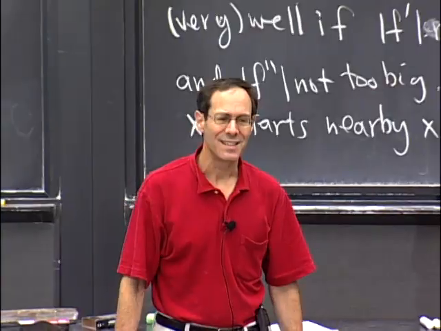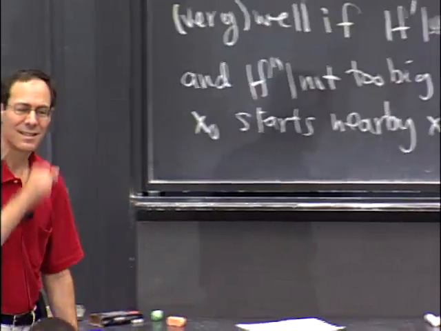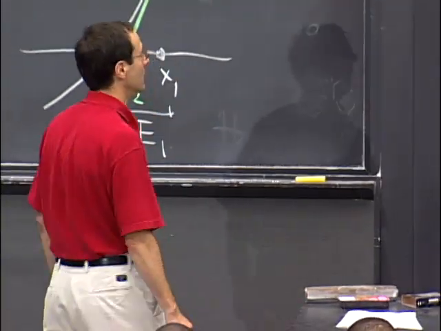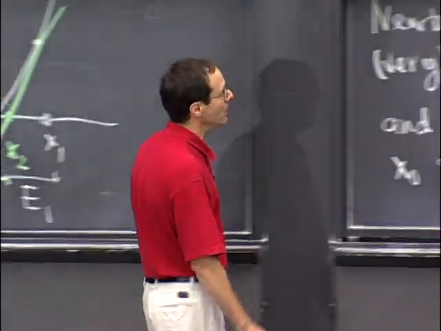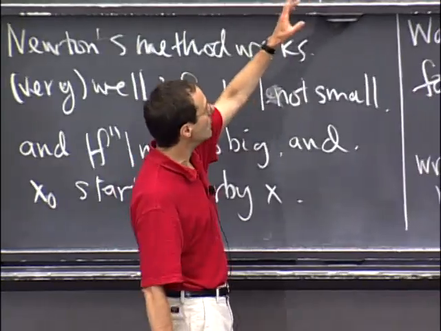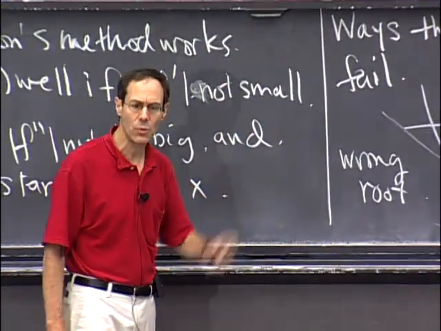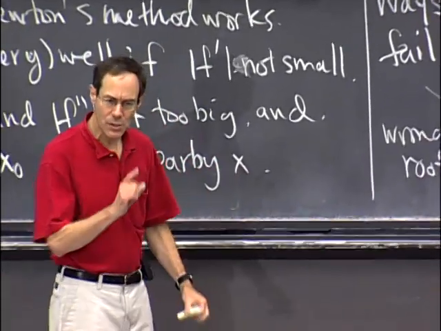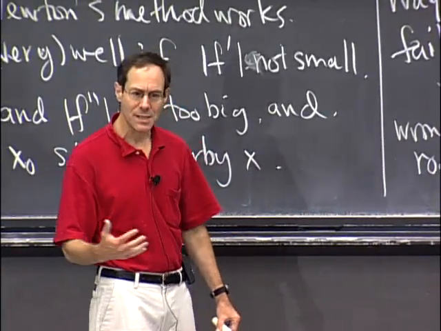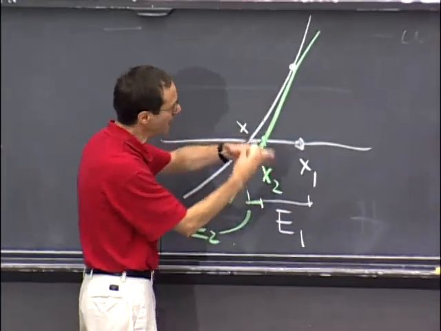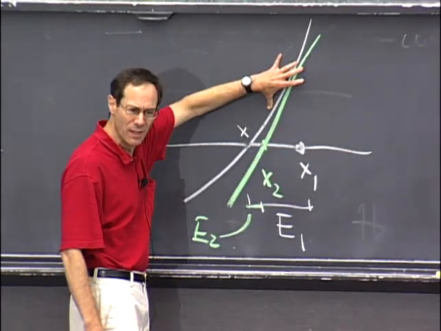Yes, question. How about if the first error is larger than 1, then the error squared... Oh, good question. The question was, what if the first error is larger than 1? Are you in trouble? And the answer is absolutely yes. If you have a quadratic nearby, it's pretty close to the straight line.